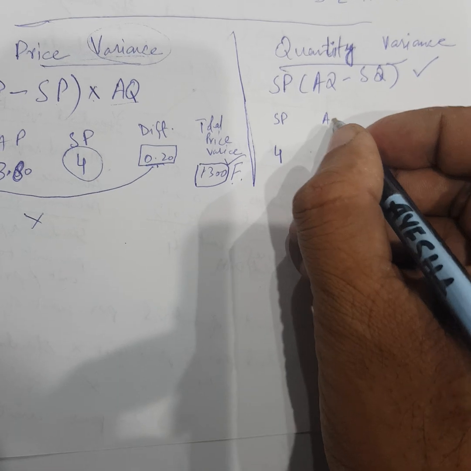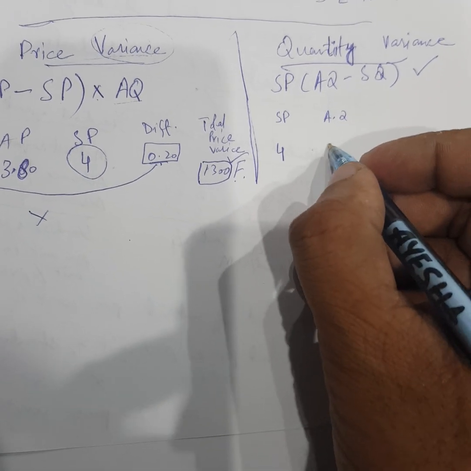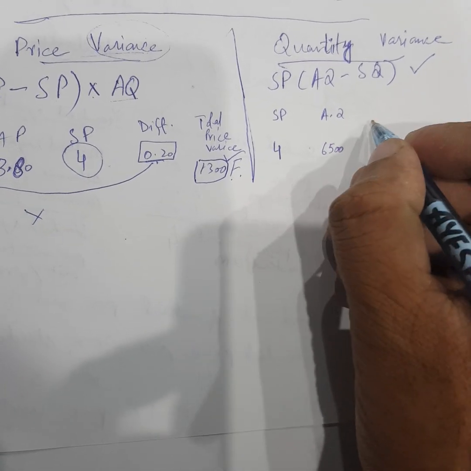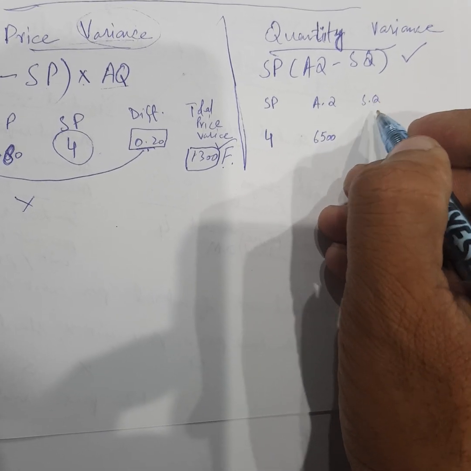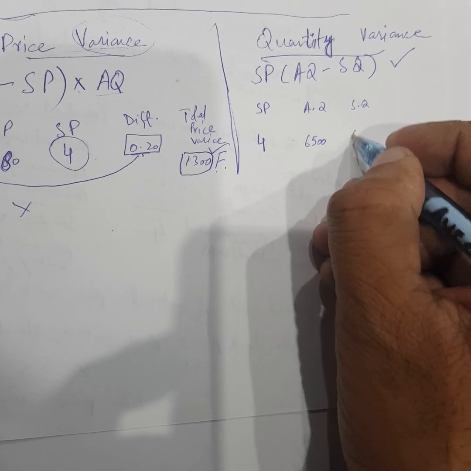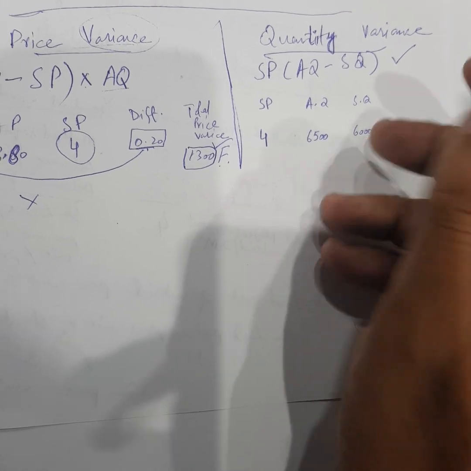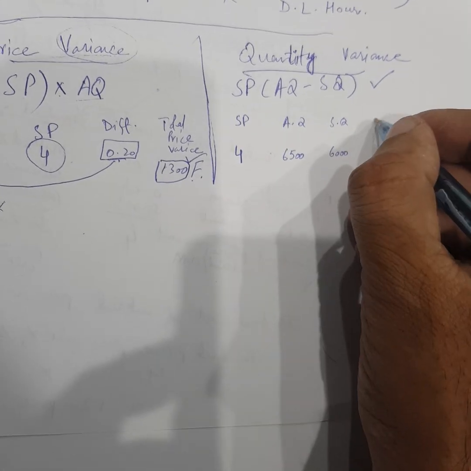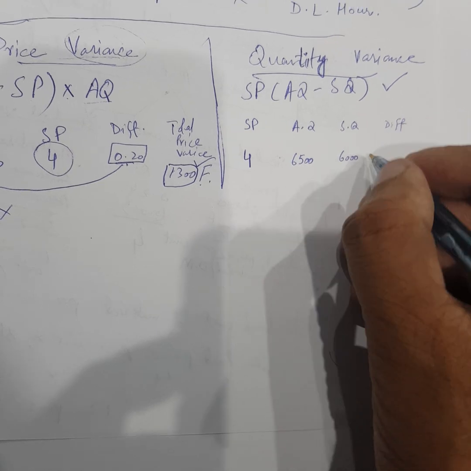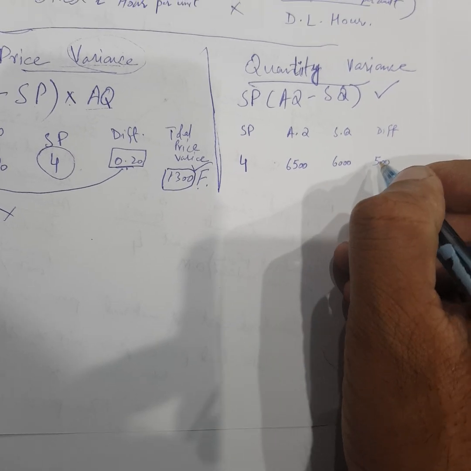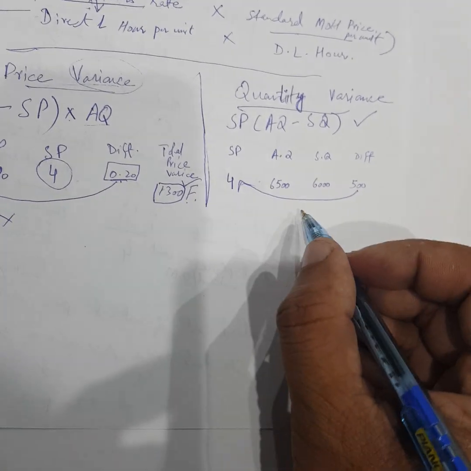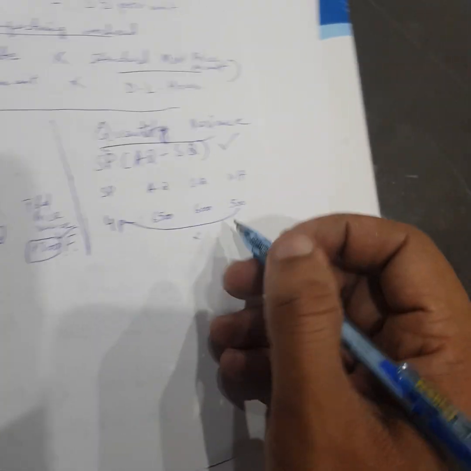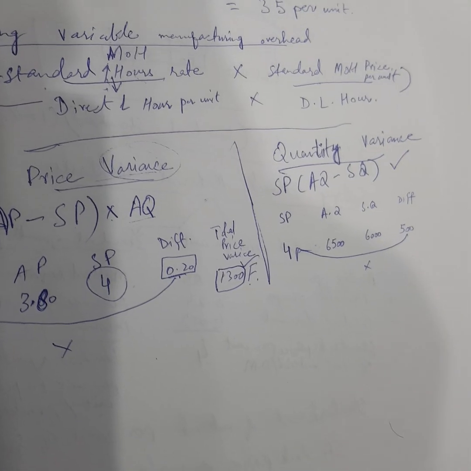The actual quantity to produce a product is 6500 pounds, and the standard quantity that was allowed was 6000. So the difference of quantity is 500, and if we multiply this 500 with the standard price, we will get 2000 rupees.